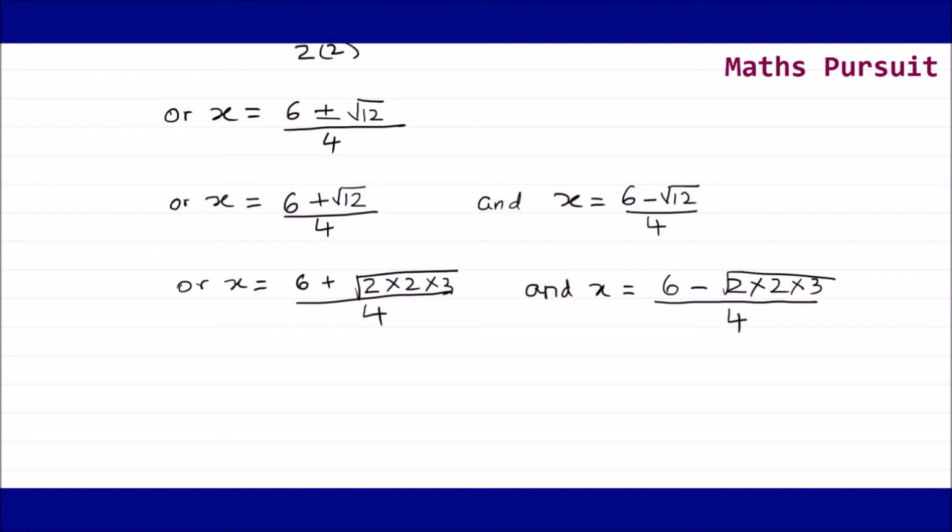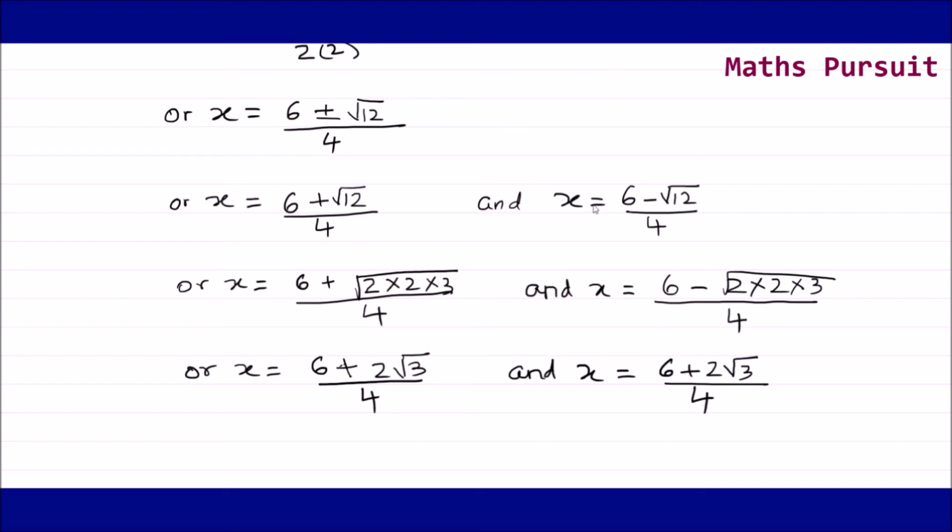Similarly I can write x is equal to 6 minus root over 2 into 2 into 3, upon 4. Root 2 into root 2 is 2, so that means it became 2 root 3. So x is equal to 6 plus 2 root 3 upon 4, and similarly here.